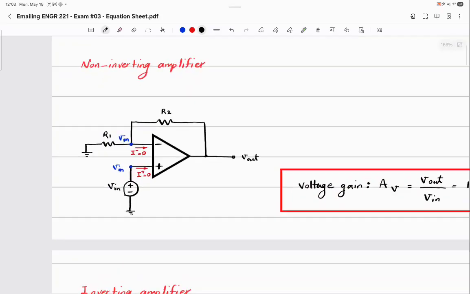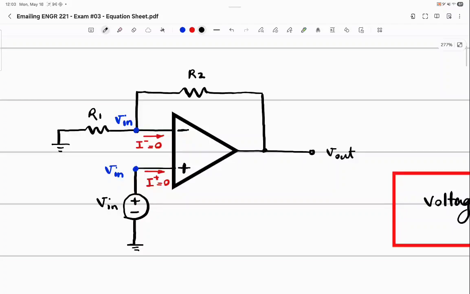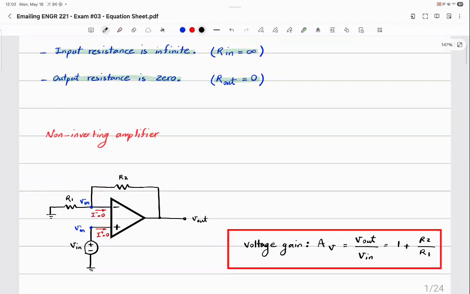For example, if you see something like this, you don't have to analyze it once again. You can directly write the equation for gain. If you are confident that you have covered everything you need and you have some extra time, then you can do this. But be very careful. If you confuse them, then you might get it wrong, okay?